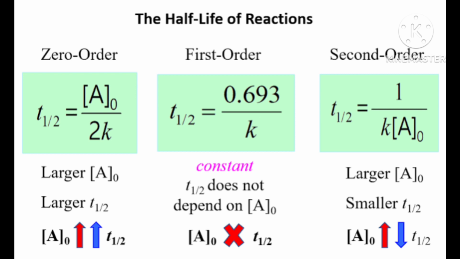If you know log 3 and log 2, easily you can calculate log 6, because you can write log in bracket 3 into 2. Then log x into log y is equal to what? Log x plus log y.